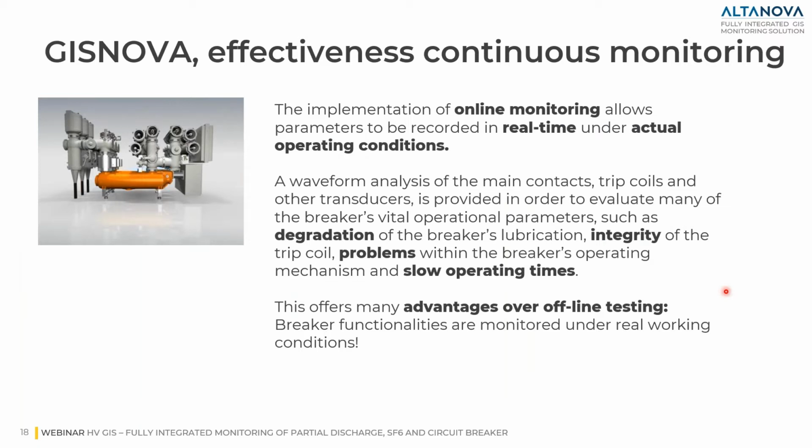Talking about monitoring, the implementation of online monitoring allows parameters to be recorded in real time, not only at time 1 and time 2, under actual operating conditions. Then a waveform analysis of the main contacts, trip coils and transducers is provided in order to evaluate and understand many of the breaker's vital operation parameters, such as degradation of the breaker's lubrication, integrity of the trip coils, problems in the operating mechanism, as well as slow operating times.